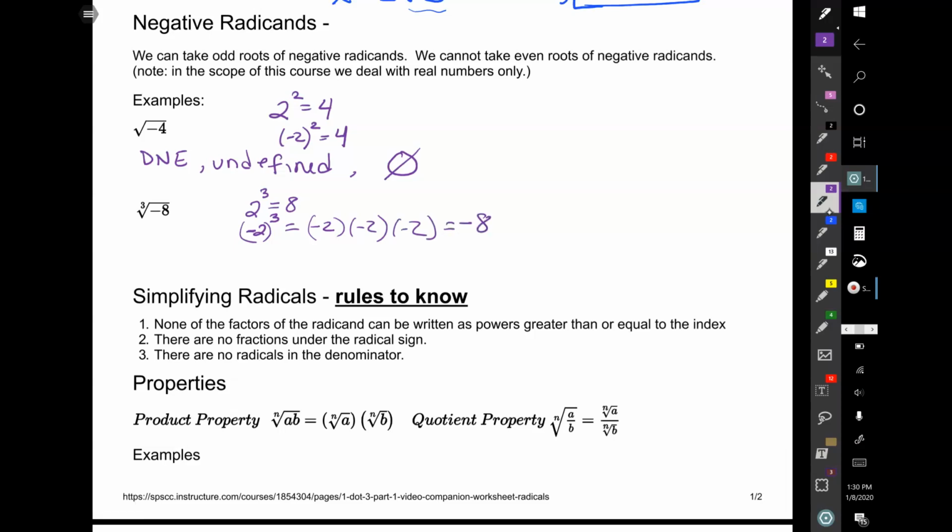So I could say my answer is -2 for that cube root of -8. So we can find a real answer for roots when they have odd indexes or indices. With even roots, we would always have to have a positive value, or it's undefined.